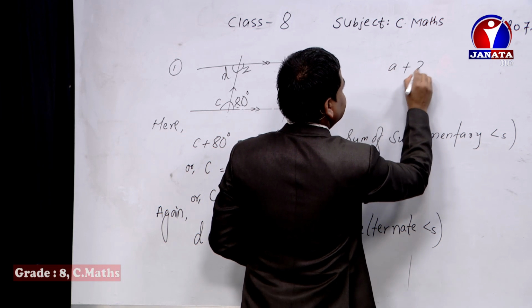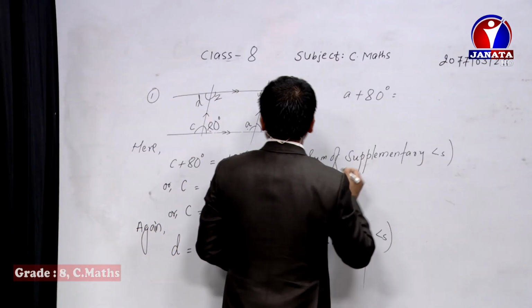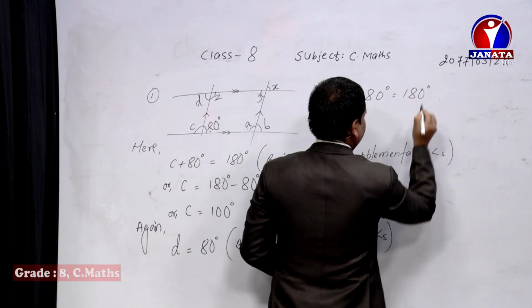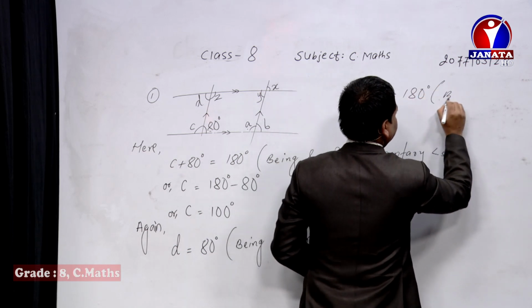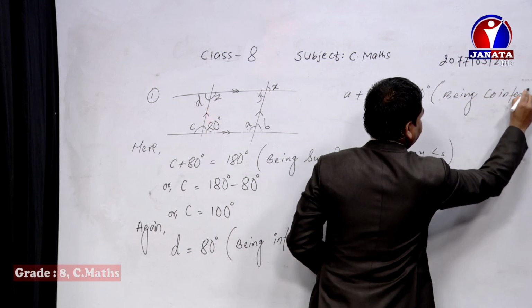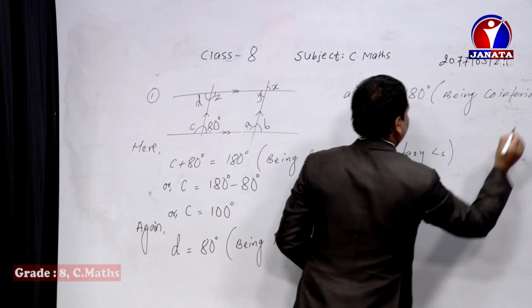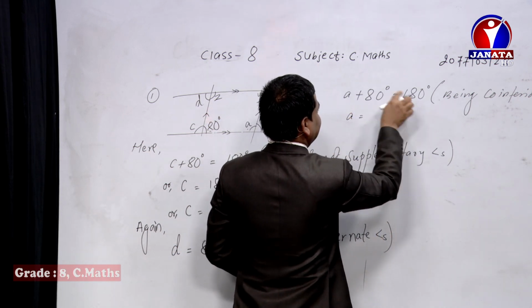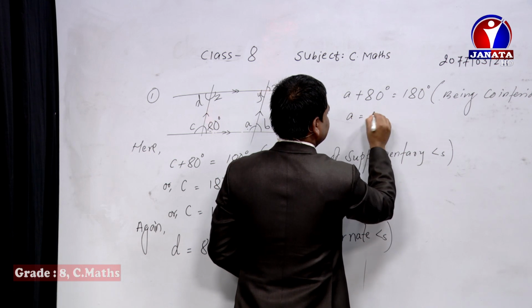A plus 80 degree equals 180 degree, being co-interior angles. Now A also came as 180 degree minus 80 degree. It means what?